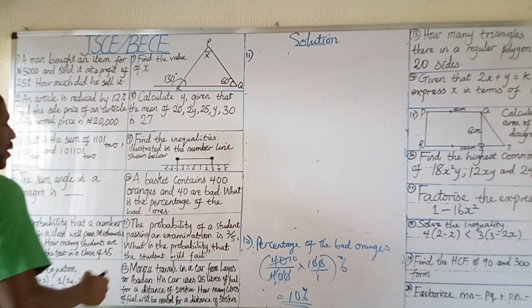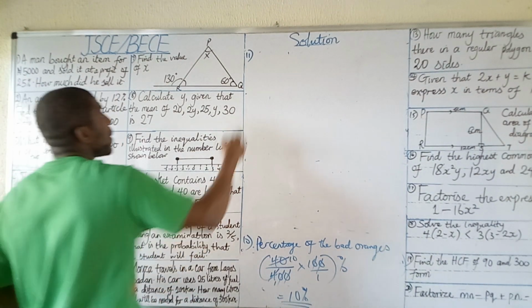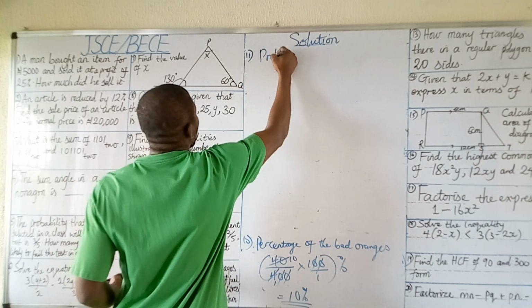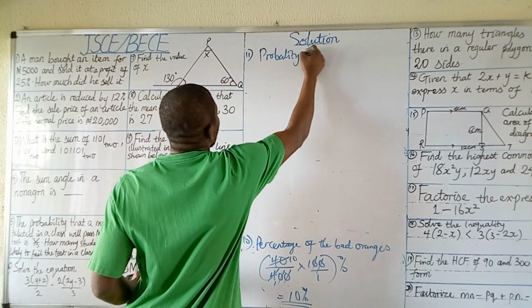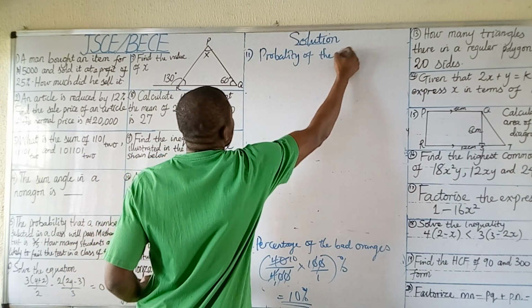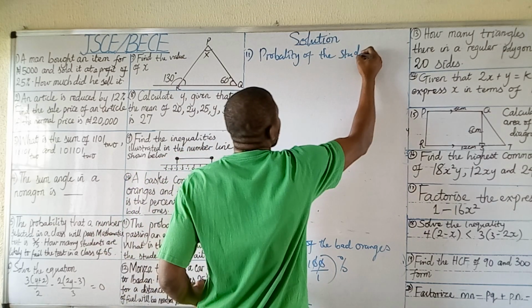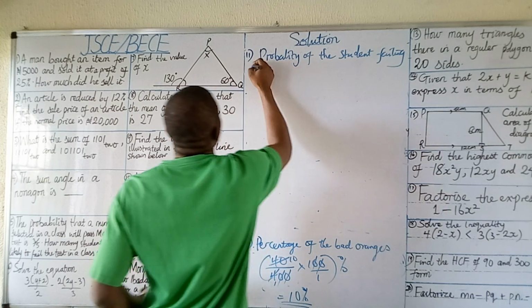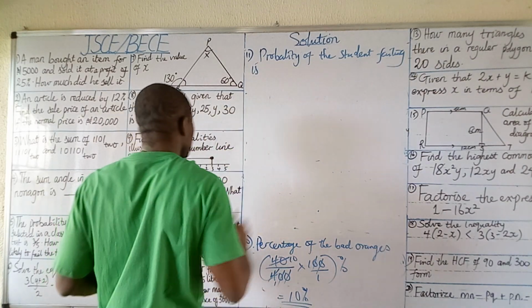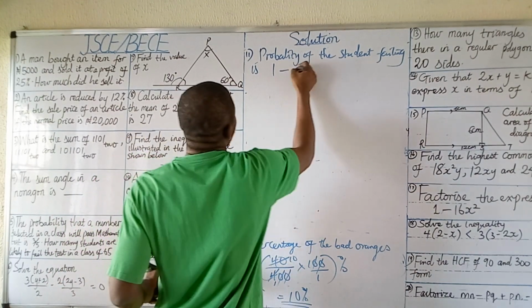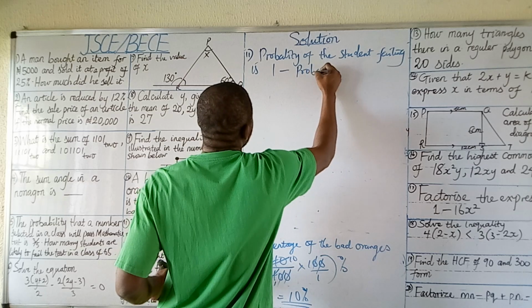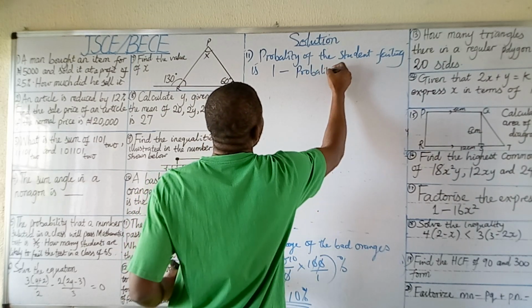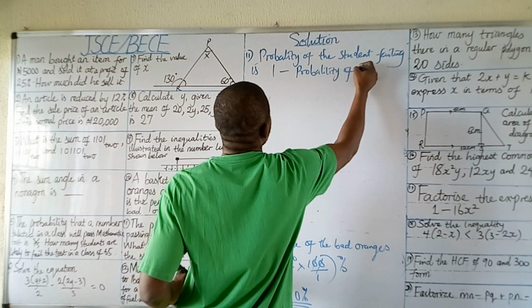Okay, if 2 out of 5 pass, the probability of the student failing is 1 minus probability of passing.